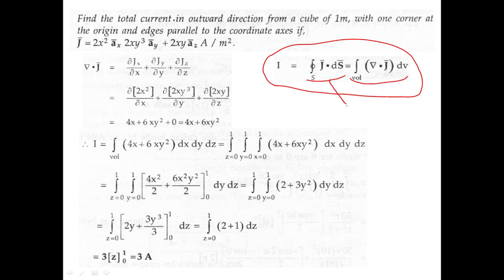You can use either this or this; both will give you the same answer. The problem with this is that you have to solve it for 6 planes, because there are 6 planes in the cube. Whereas here there is only one volume, dx dy dz, and you find the divergence and solve. So this is the easiest way.